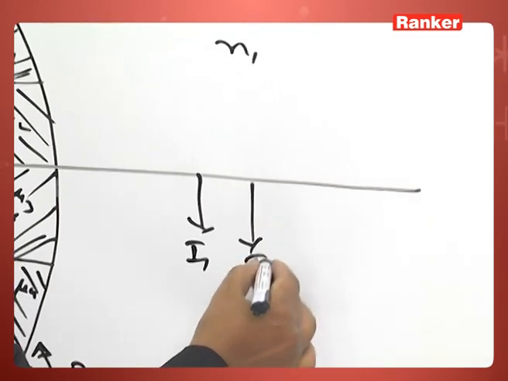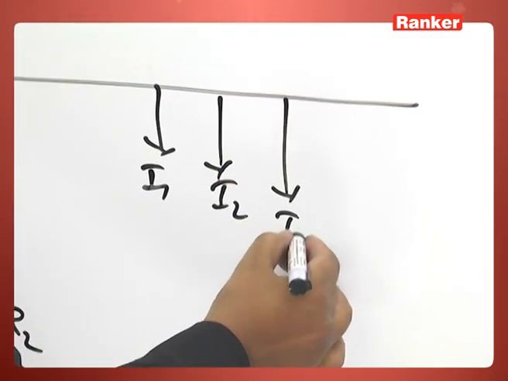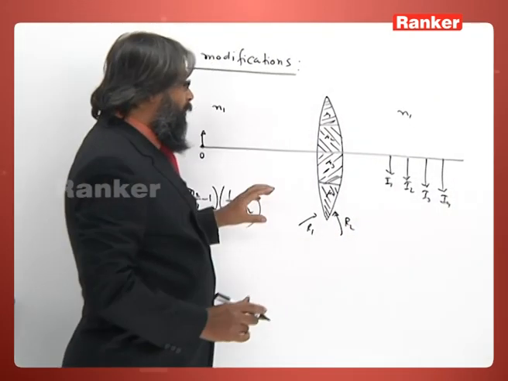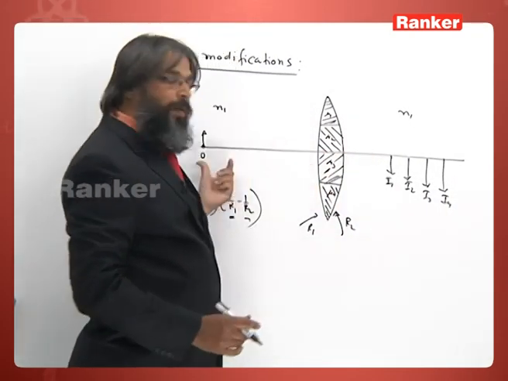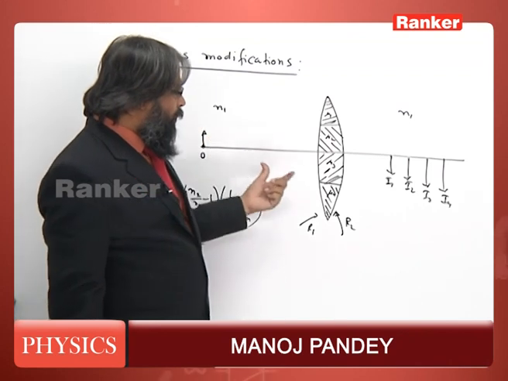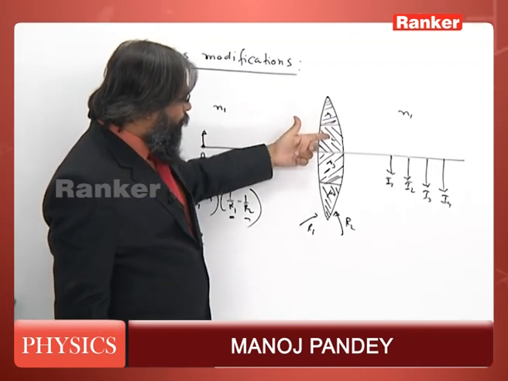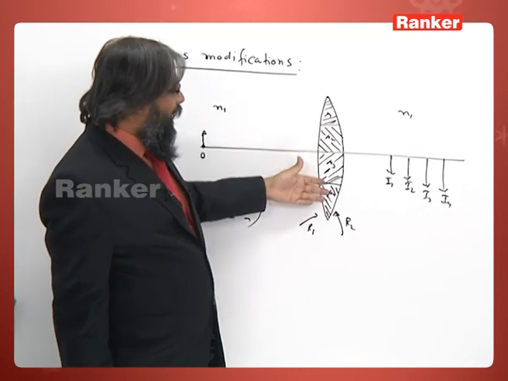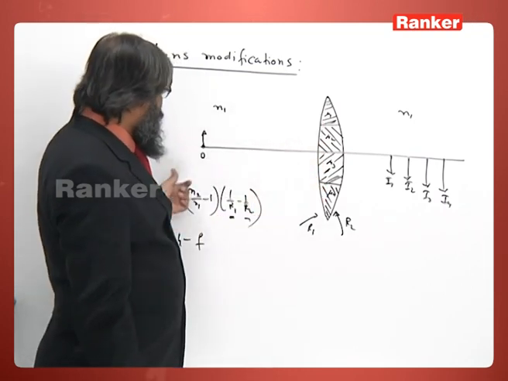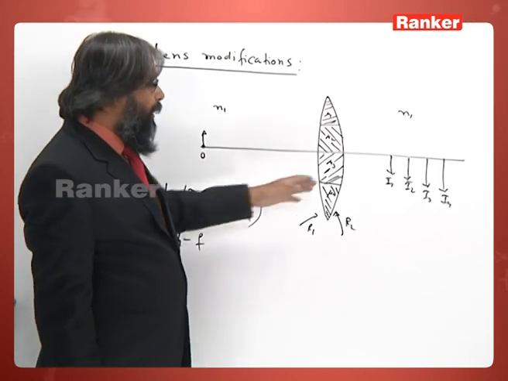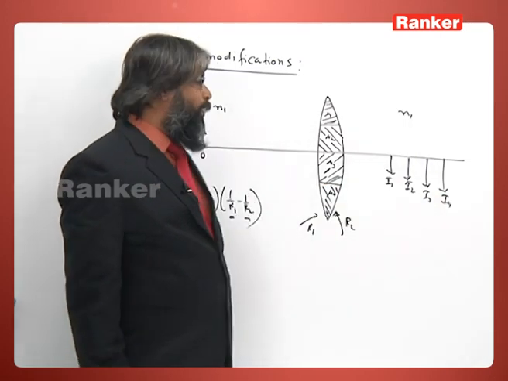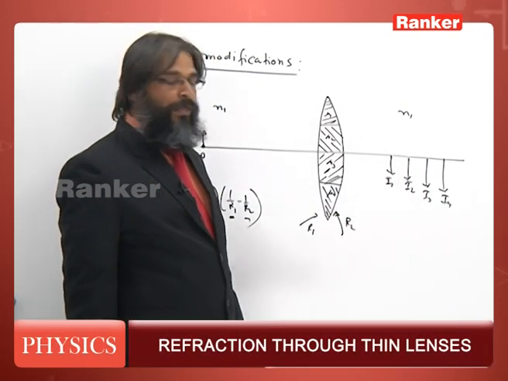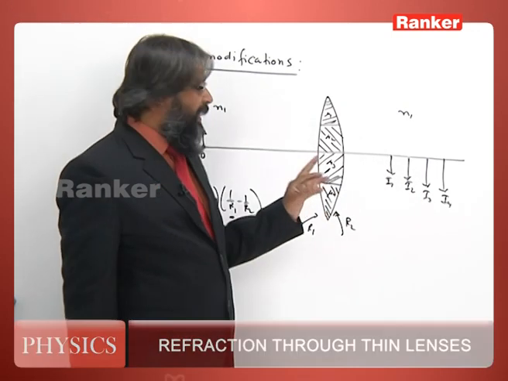So, I will get another image I2, then I3 due to the third portion, and I4. They may be here and there depending on the positions. So, each portion which has a different refractive index will give a different focal length, and so it will form a different location of image. So, only 4 images will be formed, because this is not a single lens, it acts as 4 lenses.